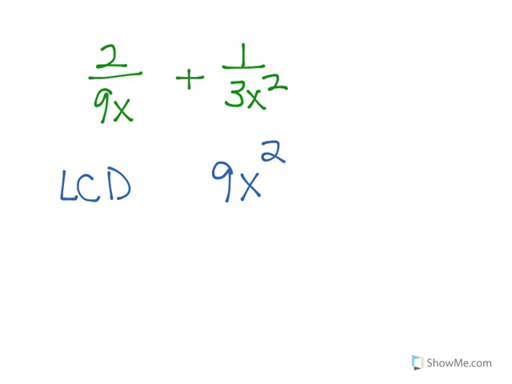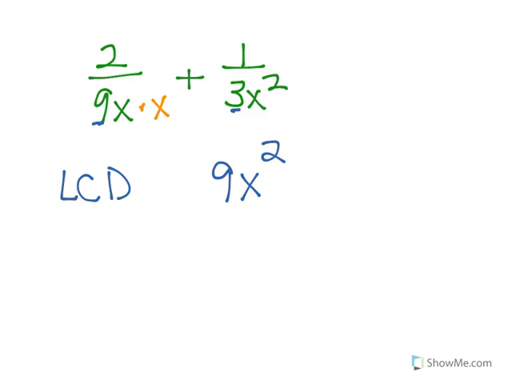That's because, once again, the least common denominator between 9 and 3 was 9, and our least common denominator of the variable, the x, is an x squared. So what do we need to do? Our question is, what do we need to do to get a 9x to turn into a 9x squared? Well, we would multiply by x.